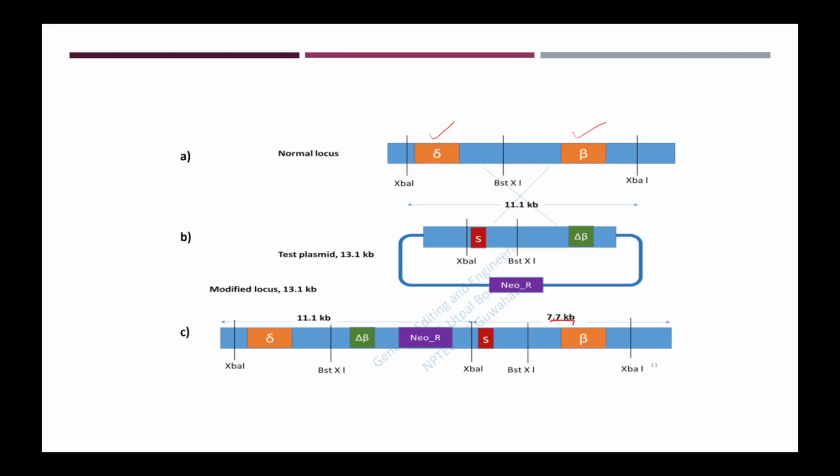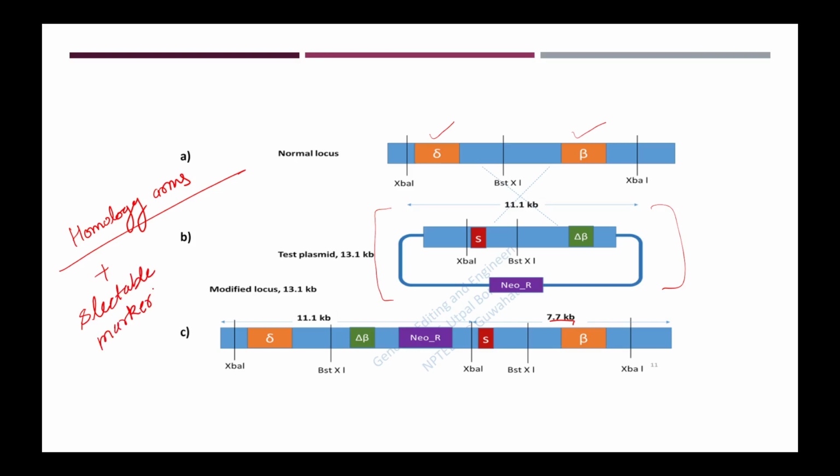For the modification, the plasmid that you select should have homology arms for homologous recombination plus a selectable marker. With the help of homology arms, the construct will get integrated into the genomic locus, and with the help of the selectable marker, the construct will also be selected.